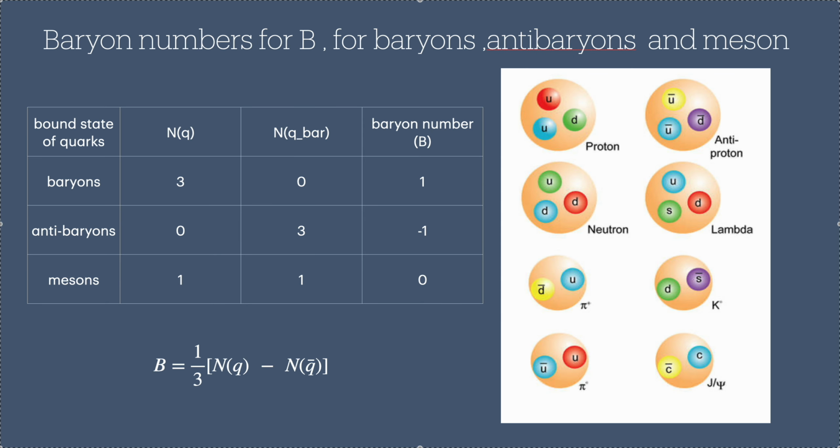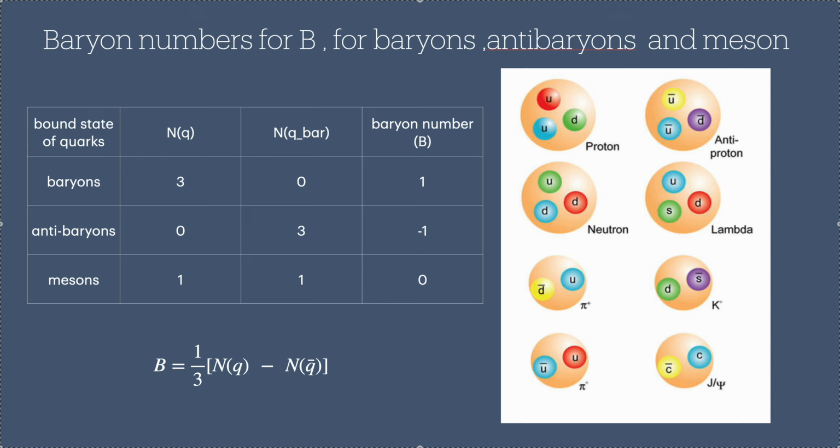So let's compute the baryon number for baryons. A baryon is a bound state of 3 quarks. For example, a proton is made up of 3 quarks, 2 up type and a down type. So the total number of quarks is 3, the total number of anti-quarks is 0, so the baryon number is 1.